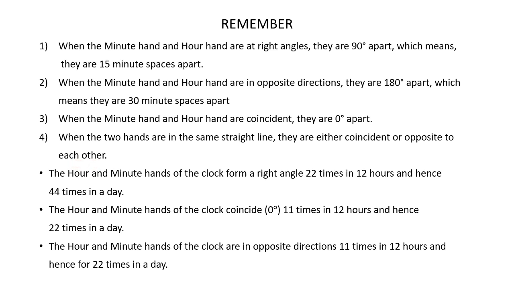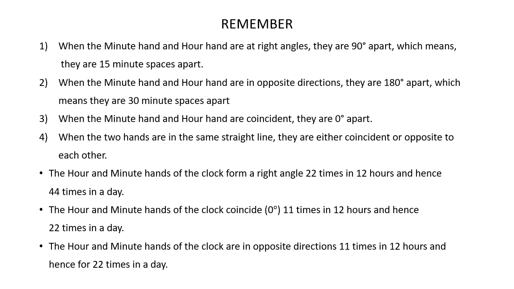Now the hour and the minute hands of the clock form a right angle 22 times in 12 hours and hence 44 times in a day. The hour and minute hand of the clock coincide 11 times in 12 hours and hence 22 times in a day.